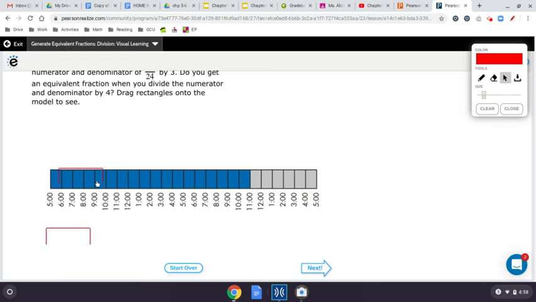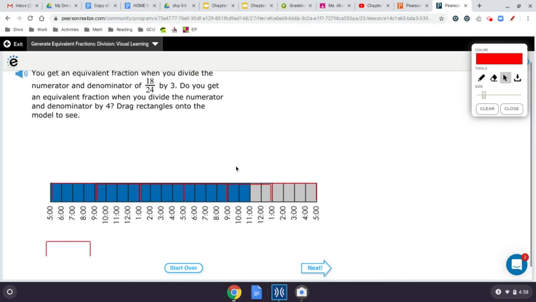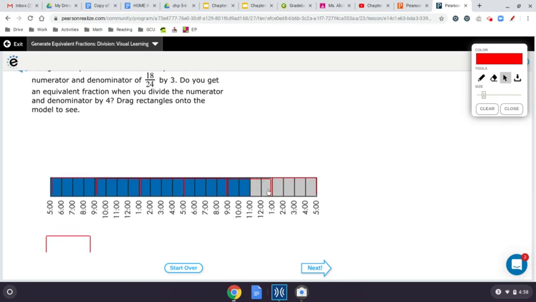Let's see. They're going to show us here. So that would be 4. We're going to see why this wouldn't work. If we put 4 boxes in each section, like they're saying, let's divide it into 4. We're going to see how this would actually not work. You will see here that we have, sure, you can divide it into fourths, right?